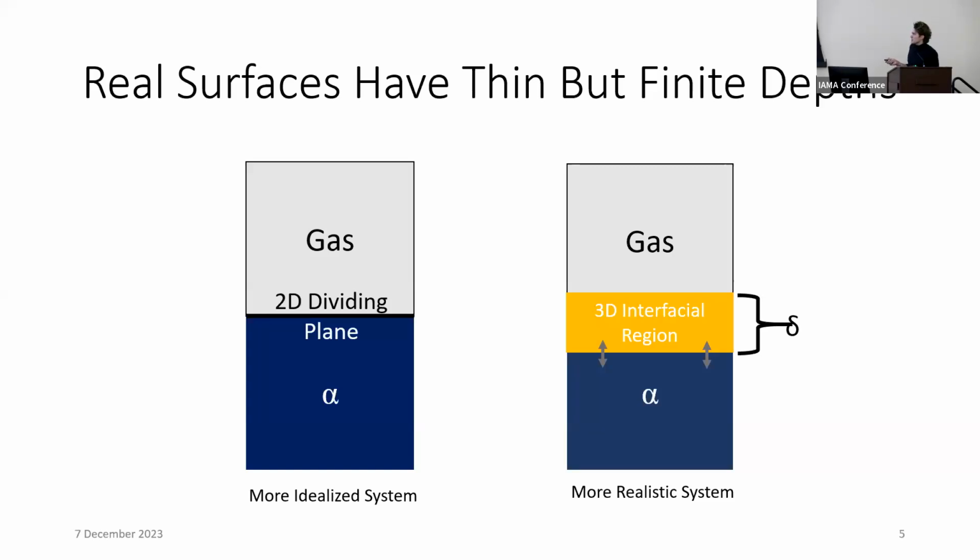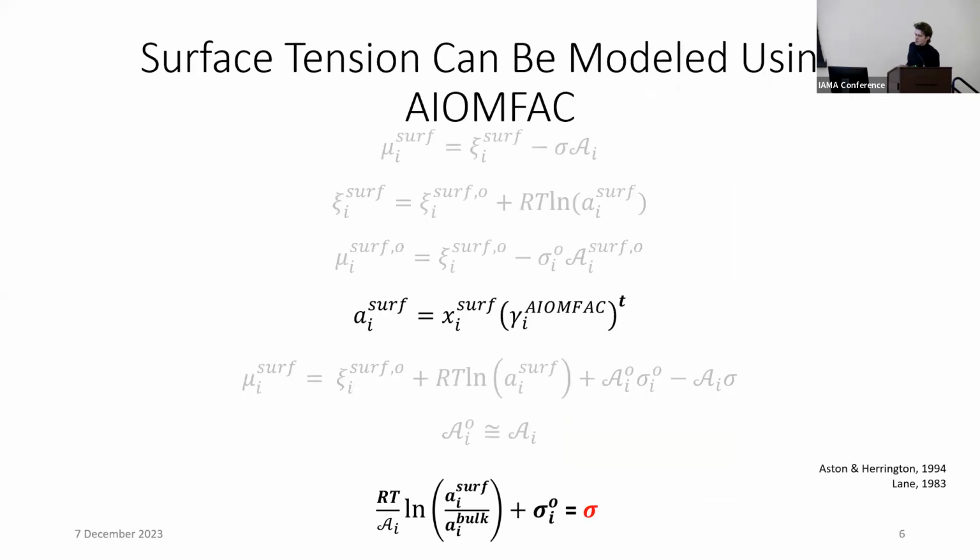And then stuff partitions from our condensed aqueous phase alpha here to our 3D interfacial region up here. So our group uses AIOMFAC, which is an activity coefficient model, and this is how we actually calculate our equilibrium morphologies. The two key things on this slide are the two lines in bold here.